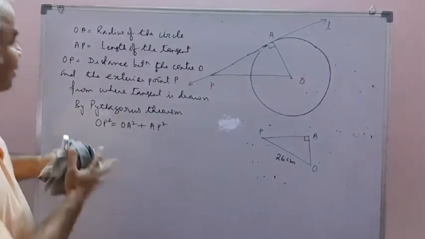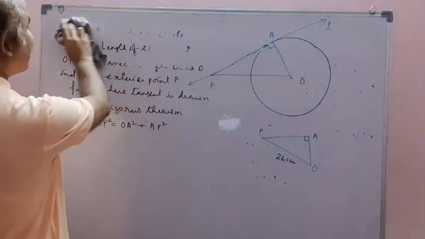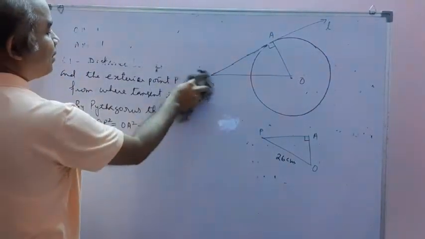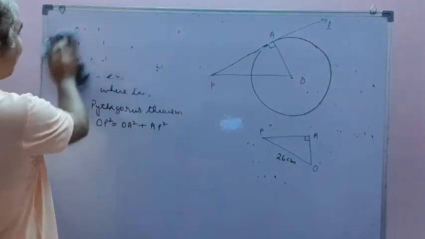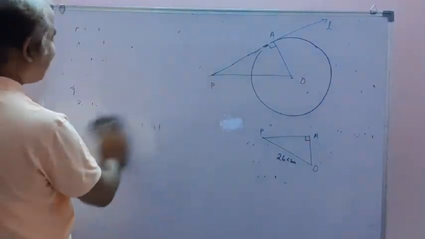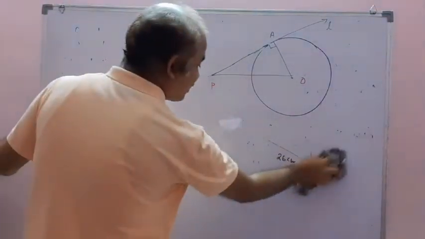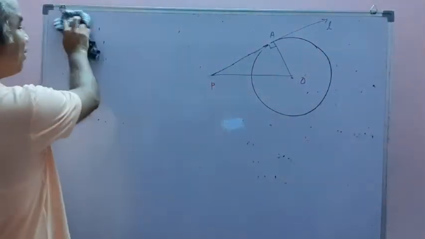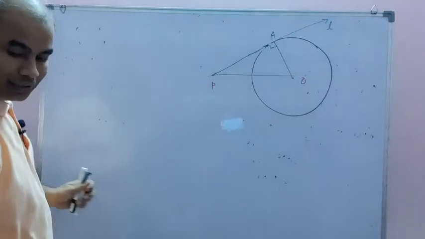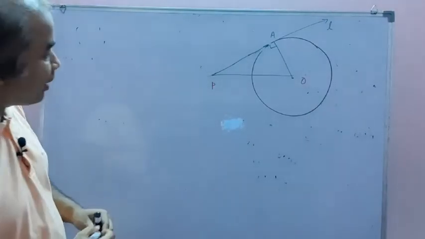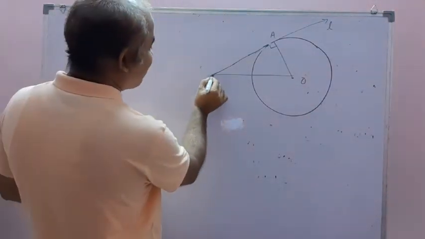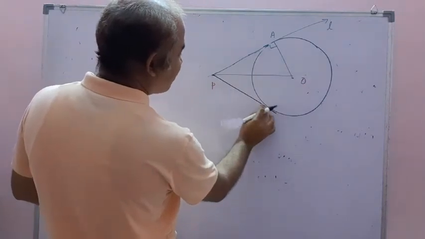Now let us move to another one. Say from point P, can you draw any more tangent to the same circle? Can you draw any more tangent? Yes, we can draw one more tangent to the same circle.